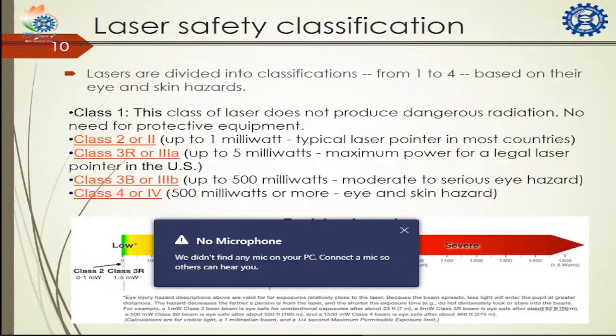In the image below, class 2 and class 3R are classified, taken mainly from the visible lasers point of view. This is how we see how dangerous the types of lasers are. It will be marked on the laser what class it is, and based on that we need to take precautions as per the classification.